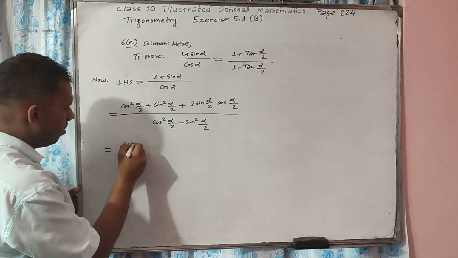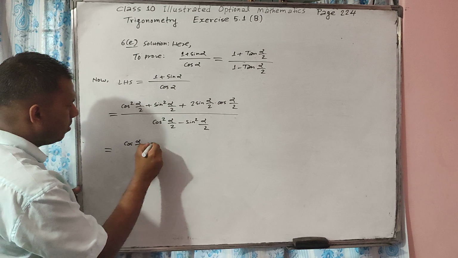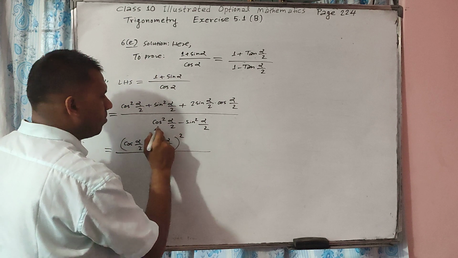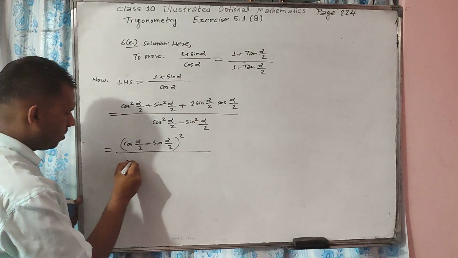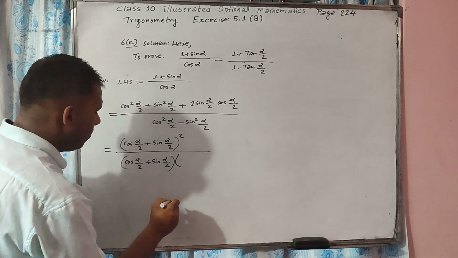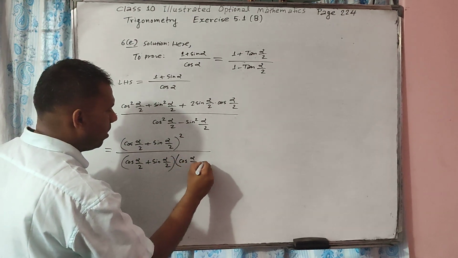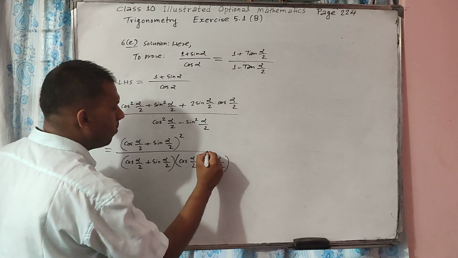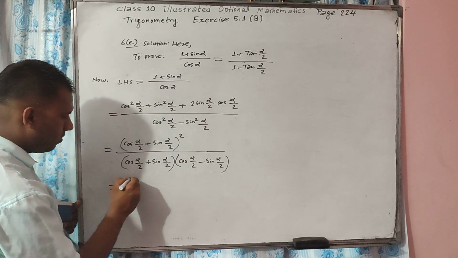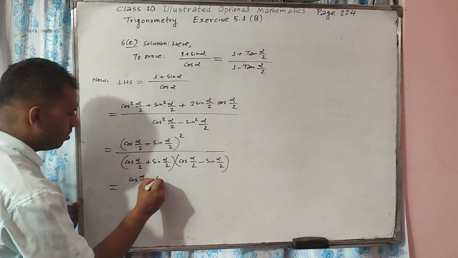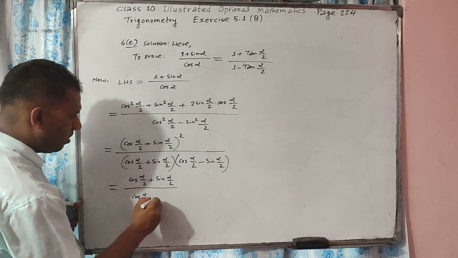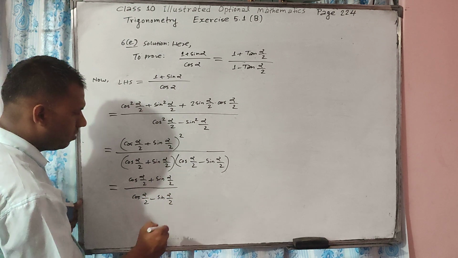So (cos alpha/2 plus sine alpha/2) whole square. A square minus b square, that is (a plus b)(a minus b). So cos alpha/2 plus sine alpha/2 is a plus b, and cos alpha/2 minus sine alpha/2 is a minus b. So this and that cancel out, remaining on the numerator cos alpha/2 plus sine alpha/2, on the denominator cos alpha/2 minus sine alpha/2.